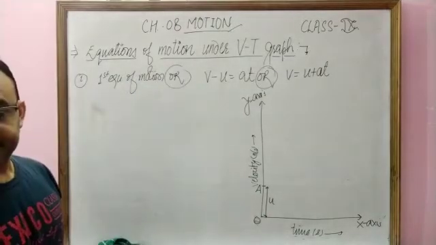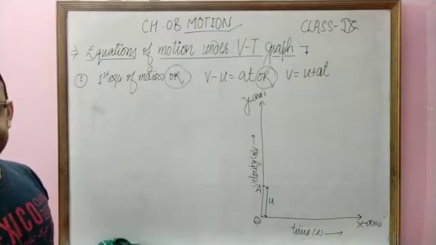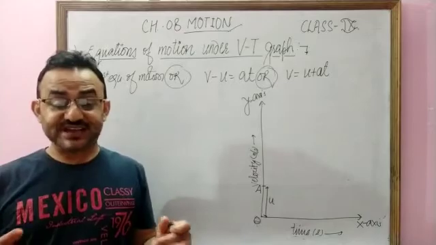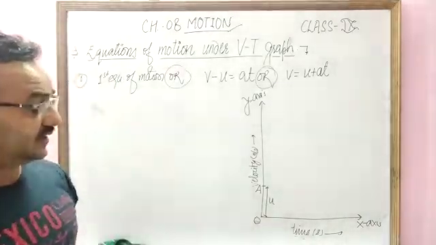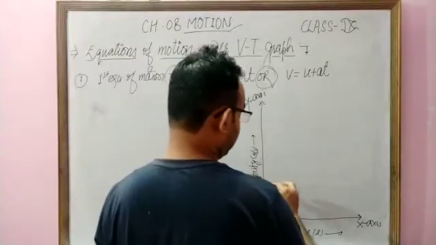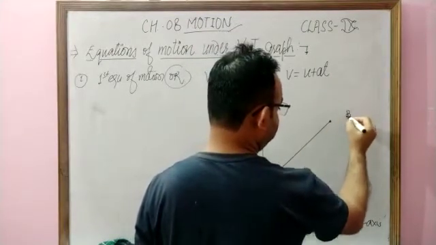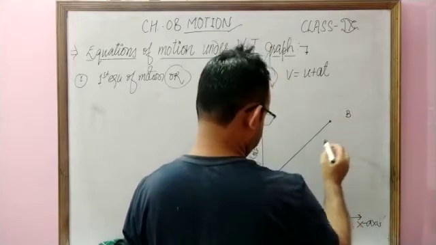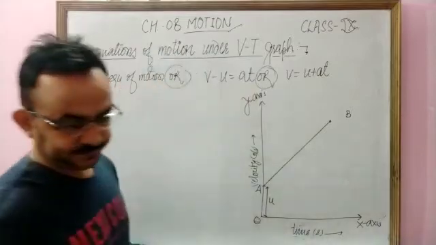Clear? And then the body accelerates uniformly, and in time t it acquires the final velocity v at point B. Suppose that this one is point B and body acquires final velocity. Clear?